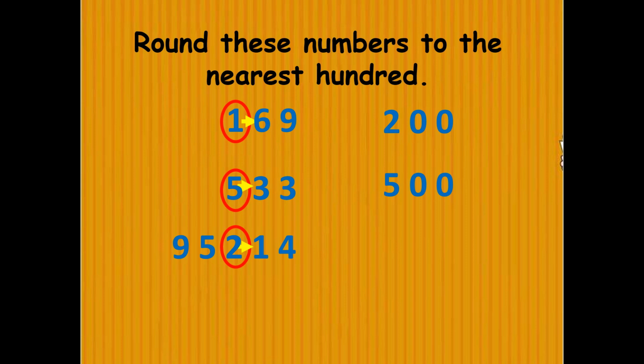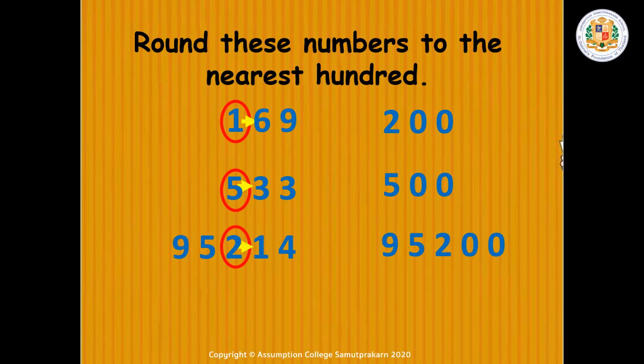Round up or round down? The answer is round down. So, 95,214 rounded off to the nearest hundred is 95,200.